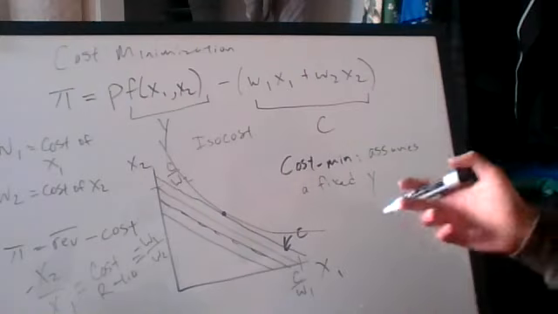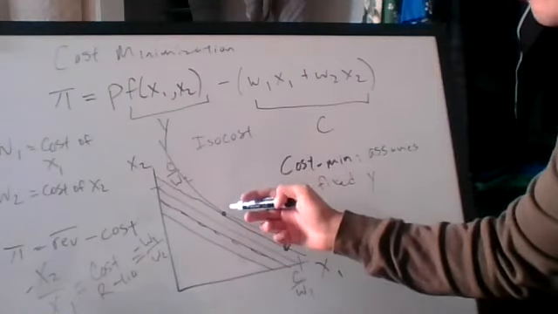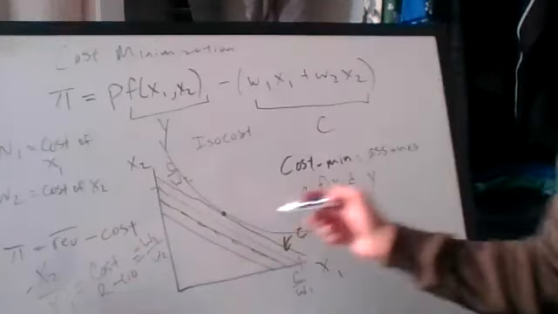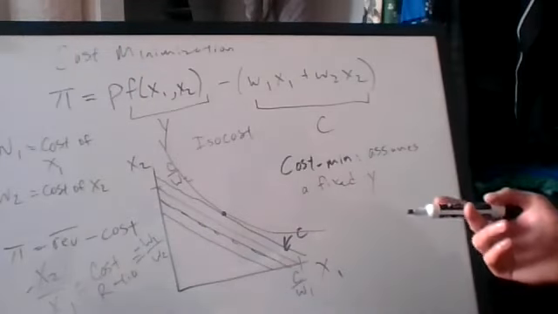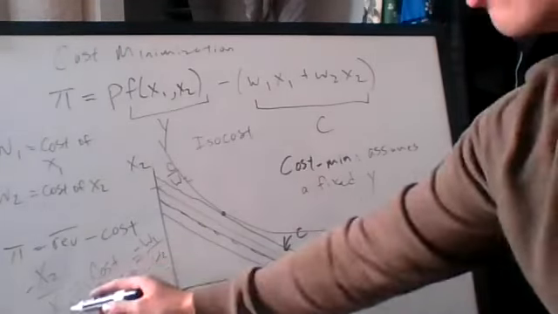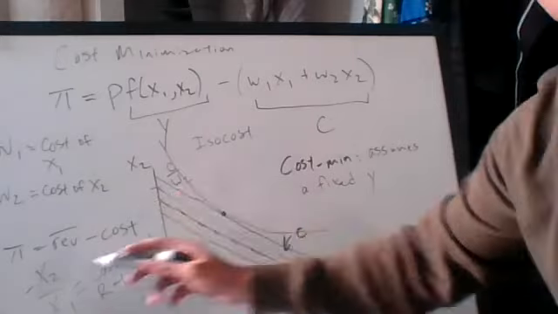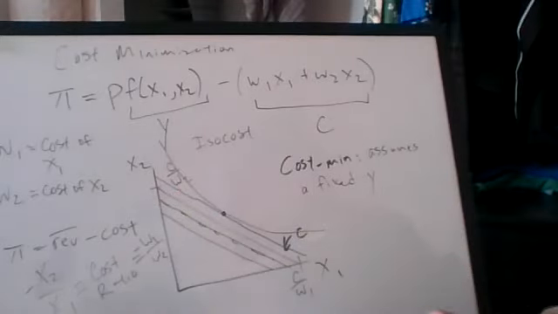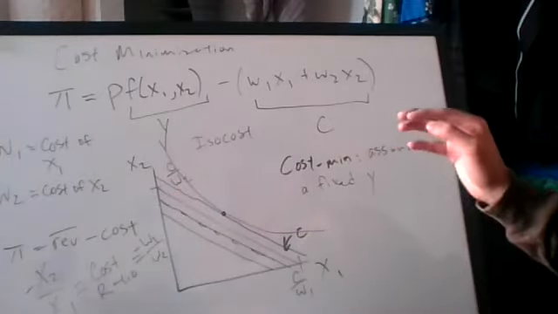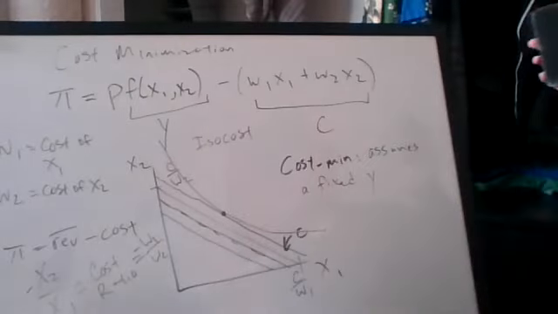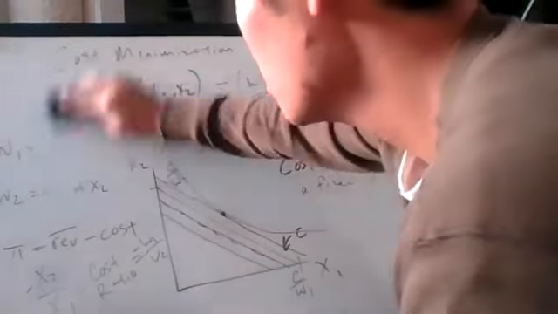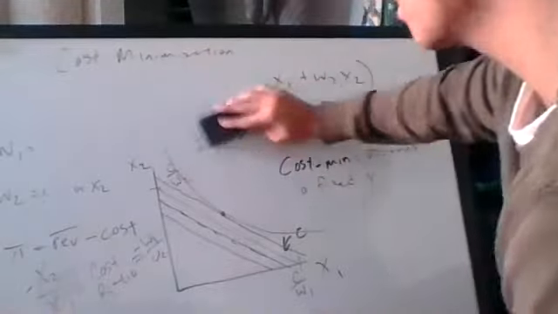We've already figured out what it means to be at a tangency point: we set these two ratios equal to each other. But how do we ultimately decide what x1 and x2 should be? I'm going to produce an example that hopefully makes it a lot more clear.